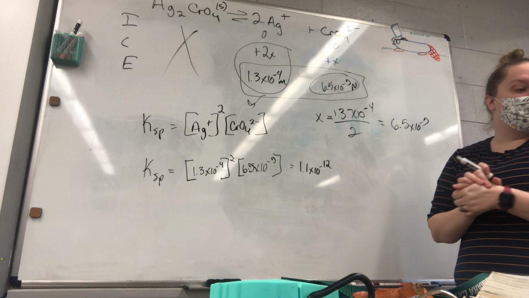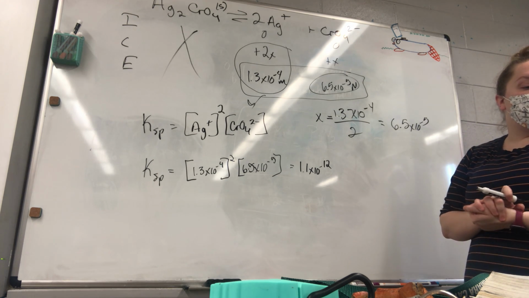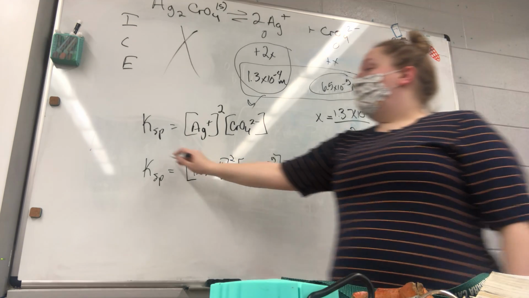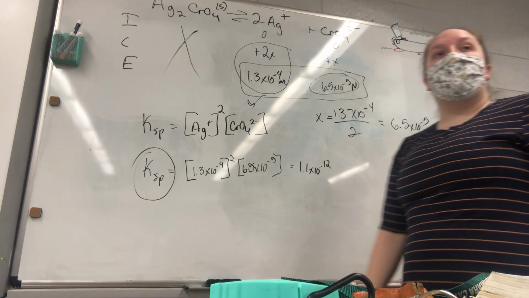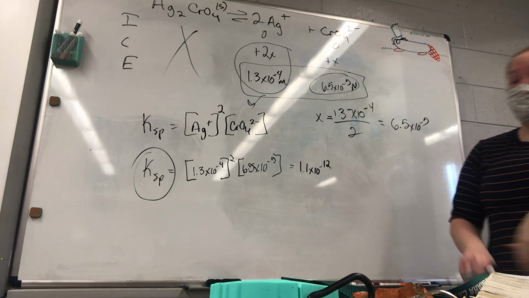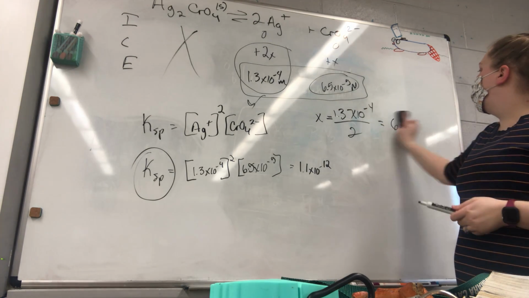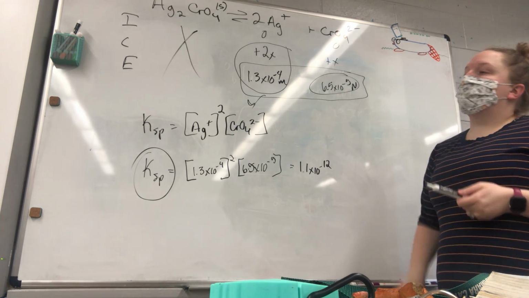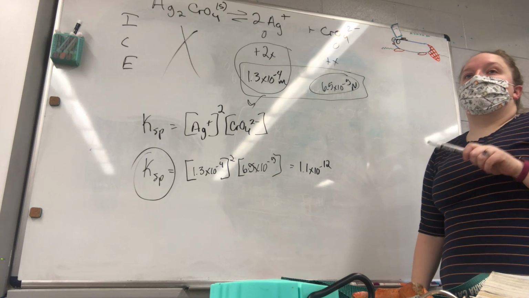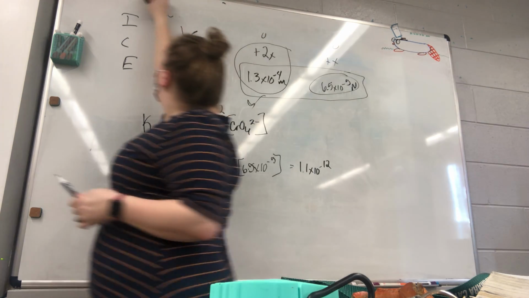That's it. Please remember there is a KSP. Why do we say SP? Because we're dealing with something that is slightly soluble. Can I erase? Move on to number 2.